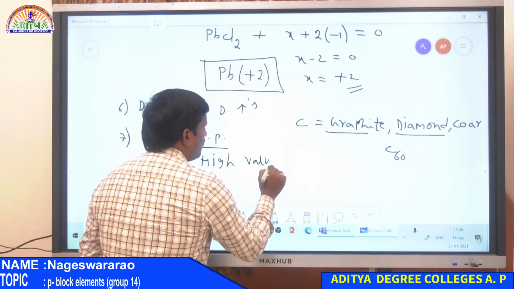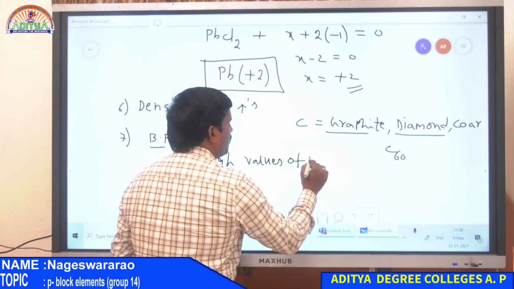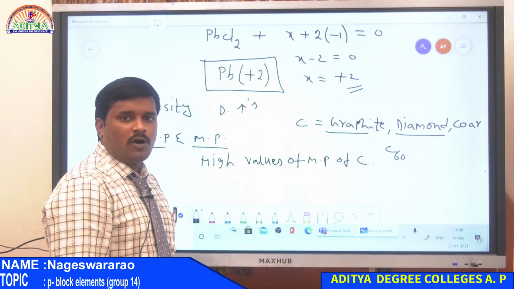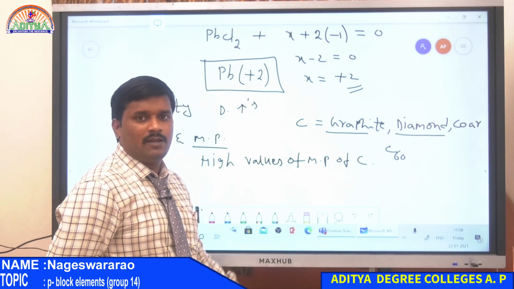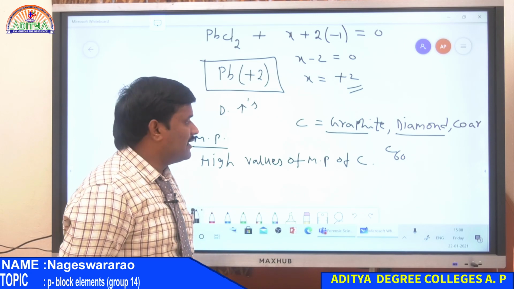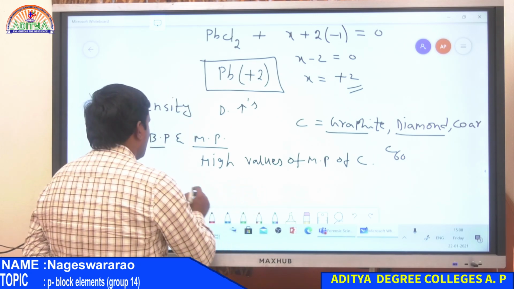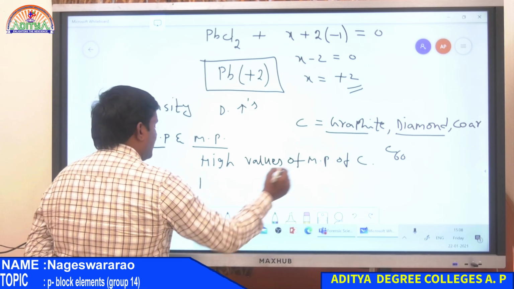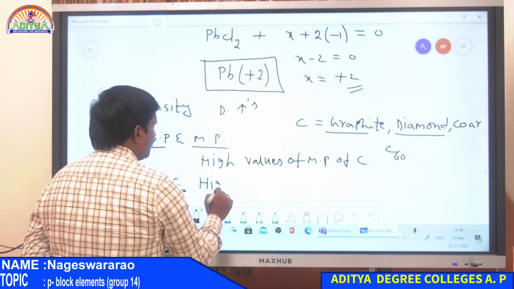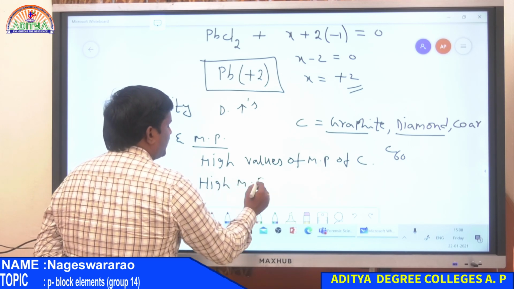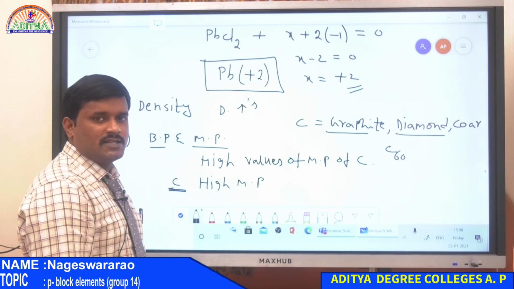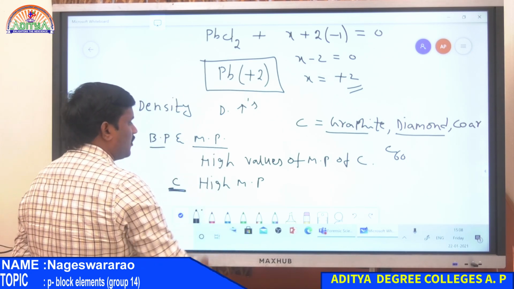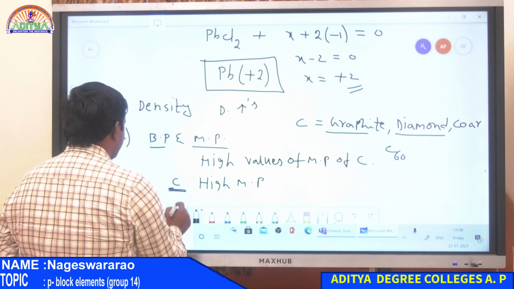The values of boiling and melting points of the remaining elements decrease from top to bottom. Therefore, carbon is the only element having the highest melting point, and the melting point of the remaining elements decreases from top to bottom. So this is about the melting and boiling point of the carbon family.